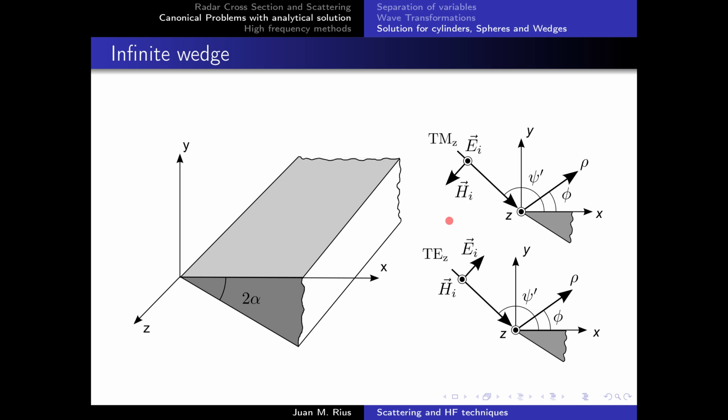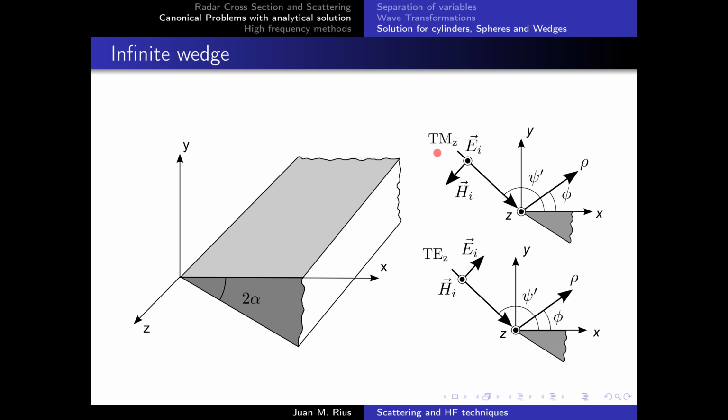The incidence direction is perpendicular to z axis, the same as in the circular cylinder. The two polarizations TM and TE are defined with respect to z axis, again the same as in the cylindrical case.